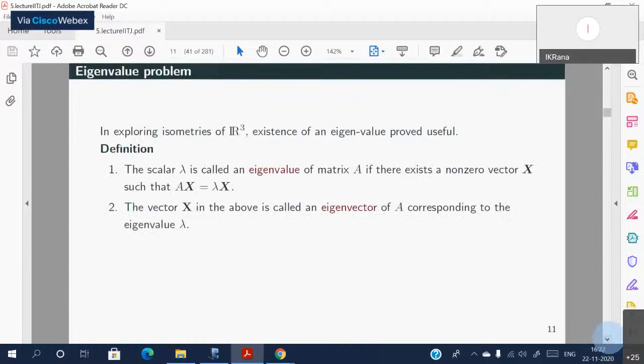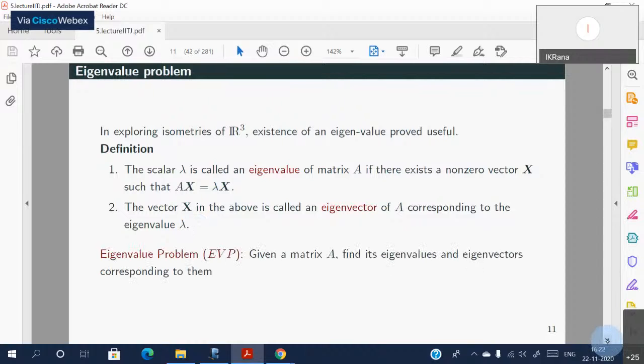So let us define this concept that a scalar lambda is called an eigenvalue if there is a non-zero vector x such that Ax is equal to lambda x. And this vector x is called an eigenvector for the eigenvalue lambda. Right now, of course, obviously the problem we would like to analyze it.